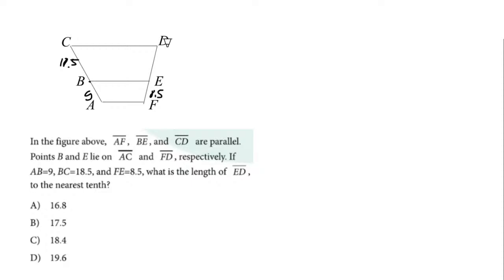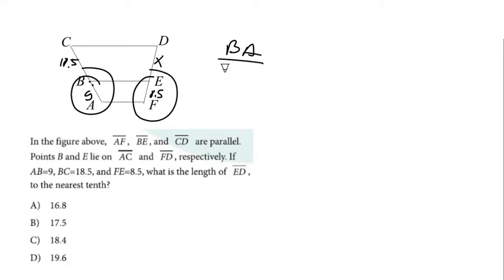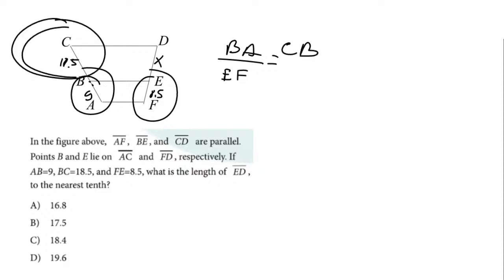What is the length of ED? So it's X. You just need to know here that if two lines are crossed by parallel lines, we can make a proportion. BA divided by EF should be equal to CB divided by DE.